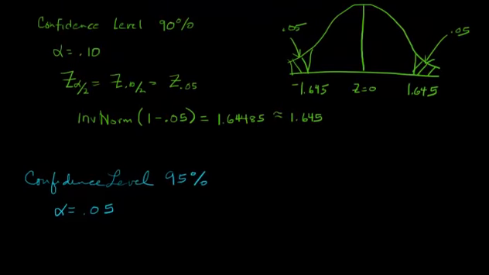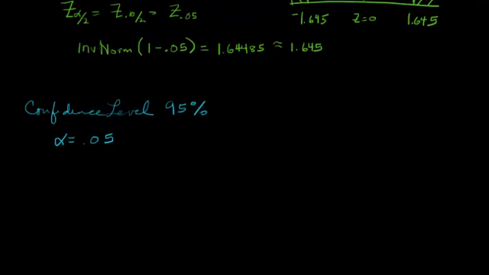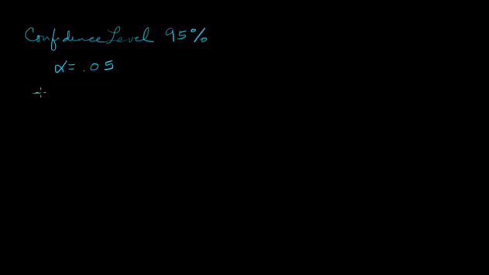Okay, let's look at 95%. Okay, this time alpha equals 0.05, right? Because 1 minus 0.05 gives us 0.95. Just want to be sure I kind of cover things the same way. All right, so our critical value, z alpha over 2, would be 0.05 over 2, would be 0.025.